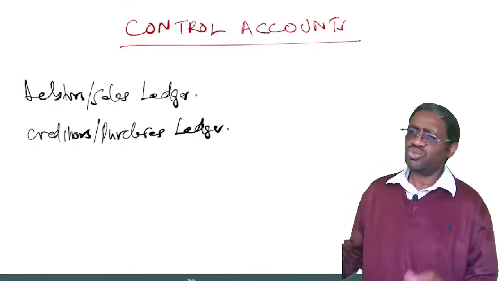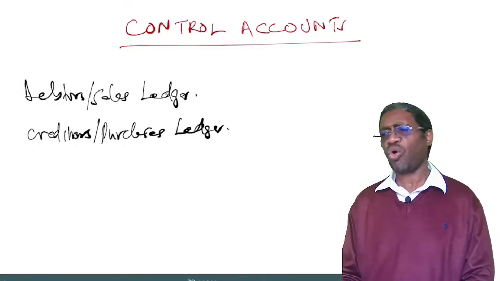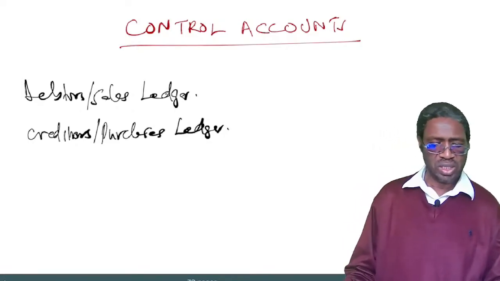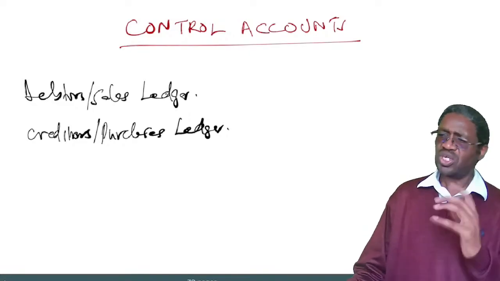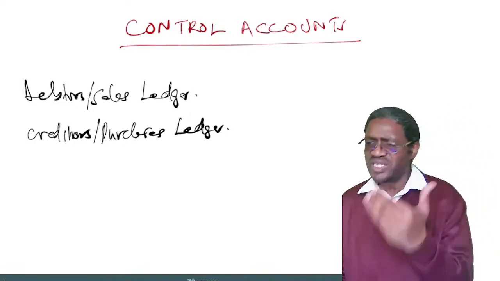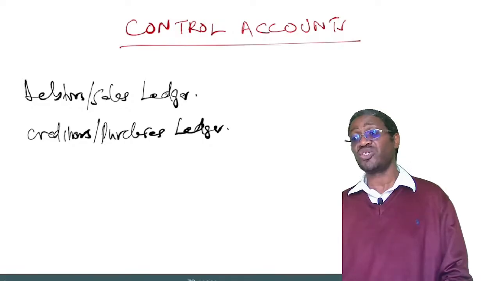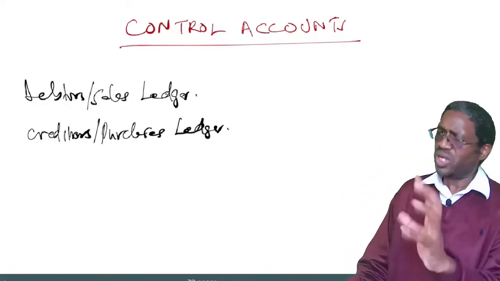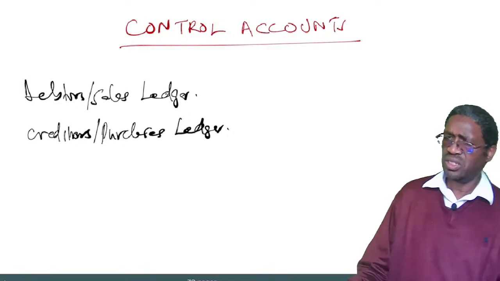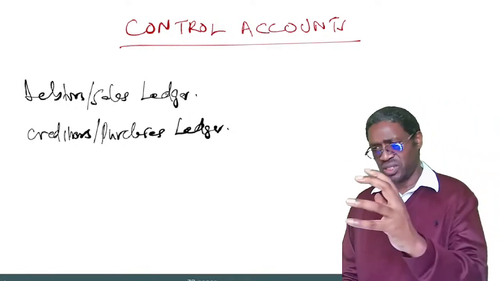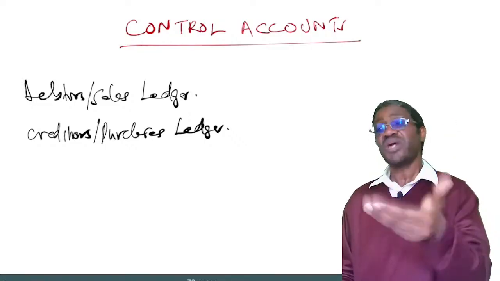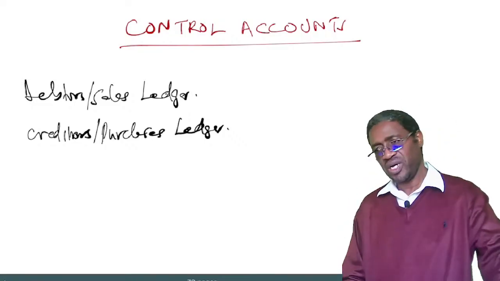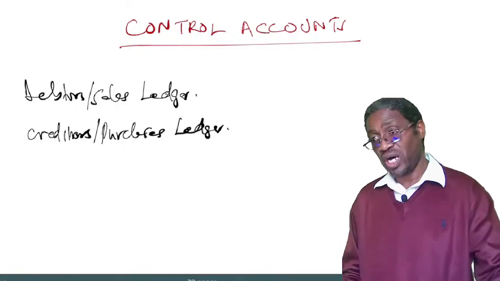So what you do, you prepare what we call control accounts. That way you find out whether you could have committed some errors in the recording of the transactions in the respective accounts, whether between the debtors accounts or the creditors accounts. You are now required to prepare control accounts.